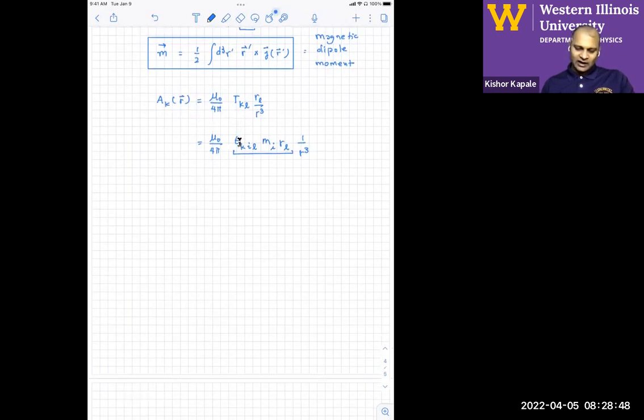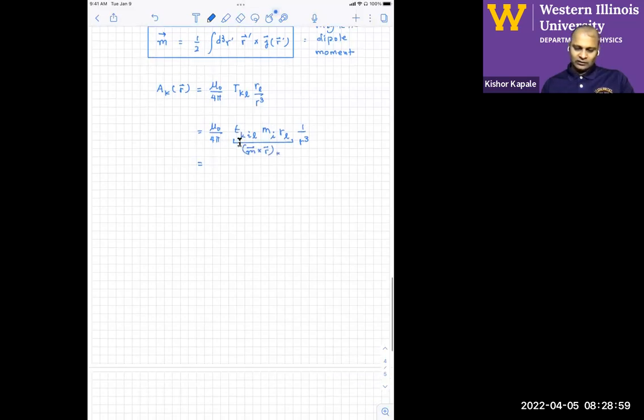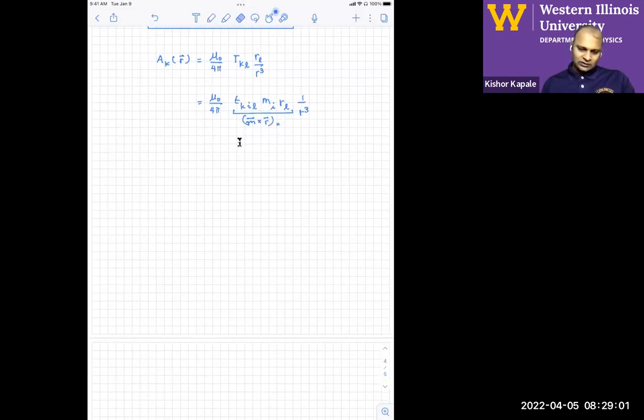You can easily identify this as the kth component of M crossed with r. You know how that works, right? And so this allows us to write down mu_0 over 4 pi, M crossed with r over r cubed. This is valid only for r much larger than r prime. So this is the magnetic dipole contribution.